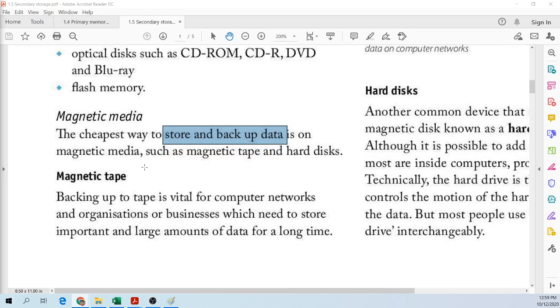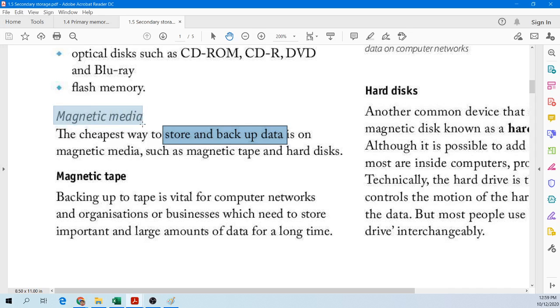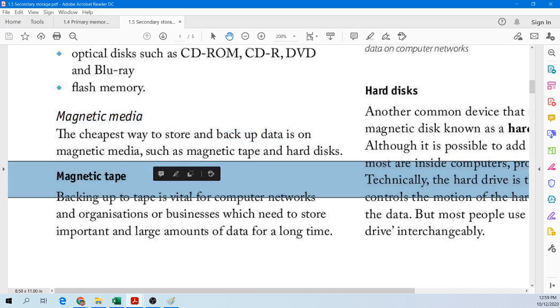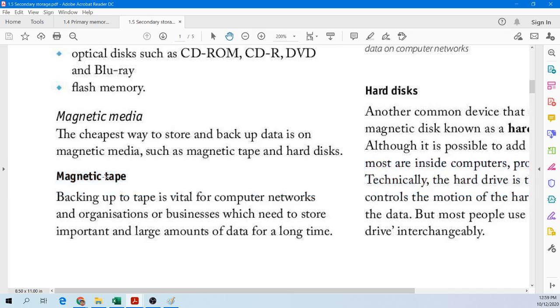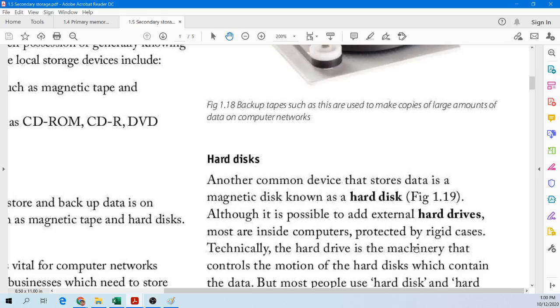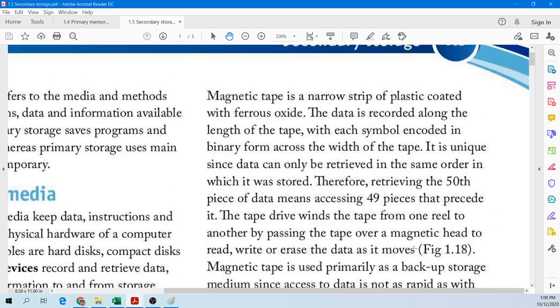So now an example of a magnetic media. Remember, magnetic media is the category of that local storage. An example of that magnetic media is a magnetic tape, and it is used in computer networks by organizations to store large amounts of data, as I mentioned, to back up all of that data.